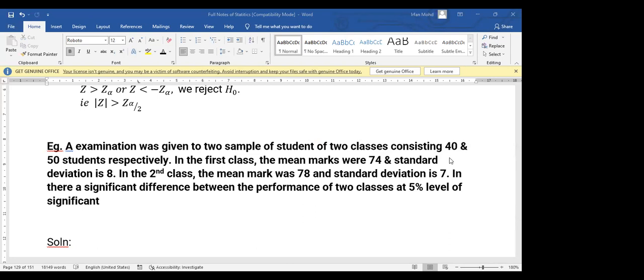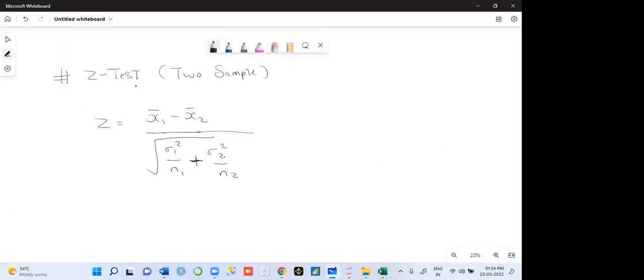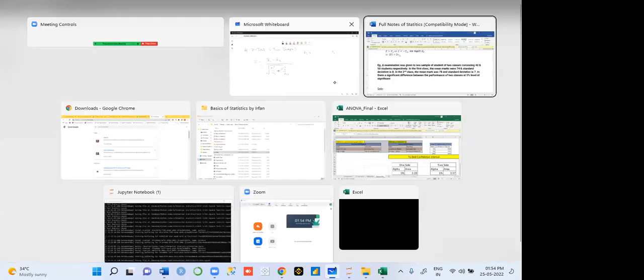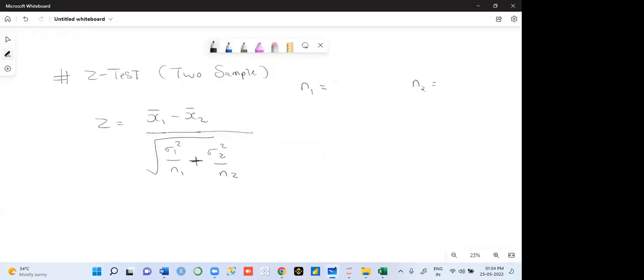Guys, I'm just writing the data over here now. Online students, we first want N1, then also we want N2. Always remember, guys, keep in your mind, N1 is 40, N2 is 50.